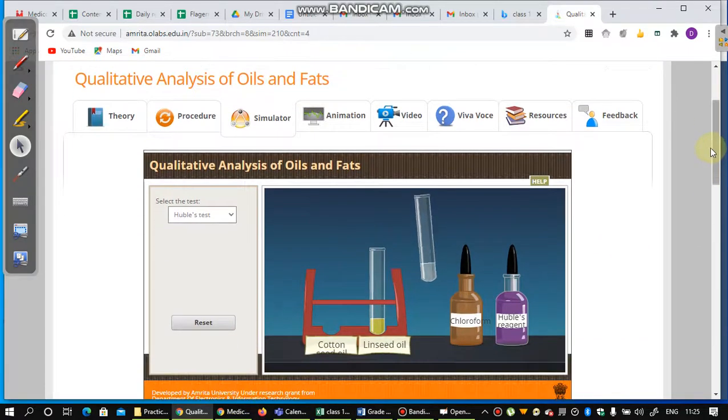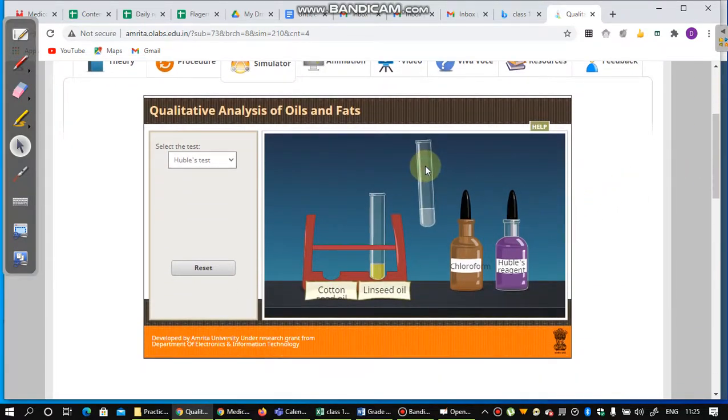We shake it. After shaking it, we take the Hubl's reagent and put it in the cotton seed oil. If you observe, the cotton seed oil color has changed to purplish.